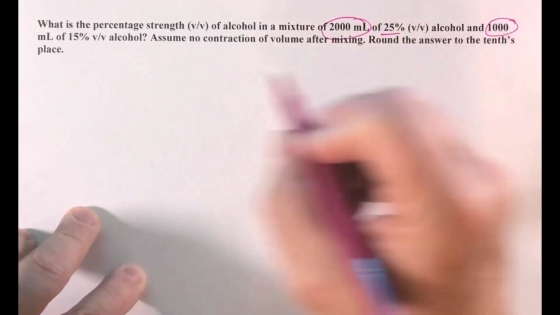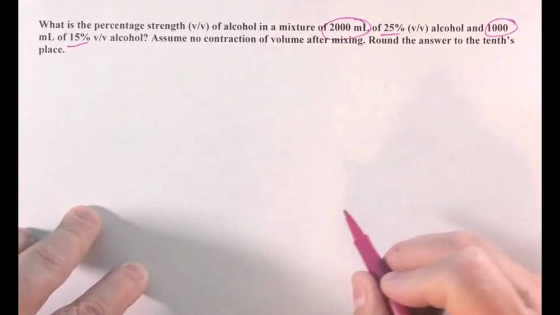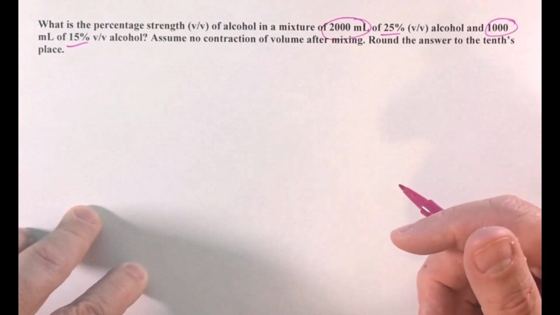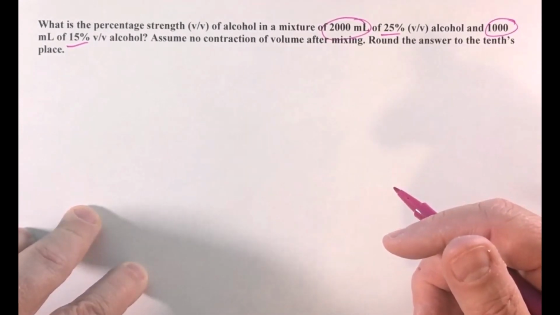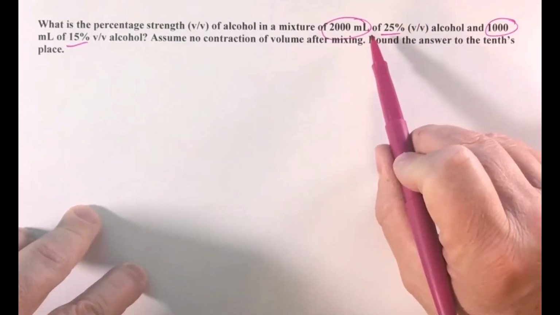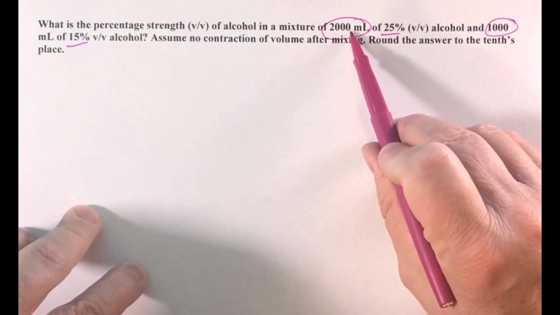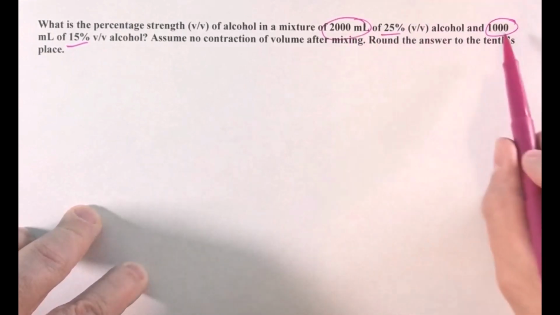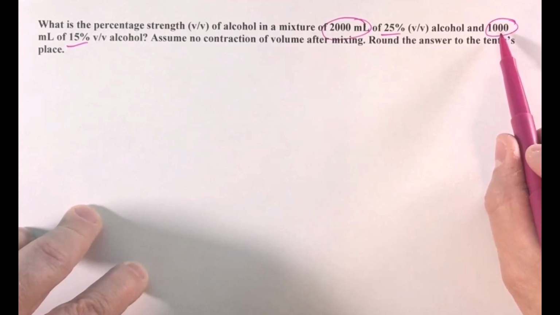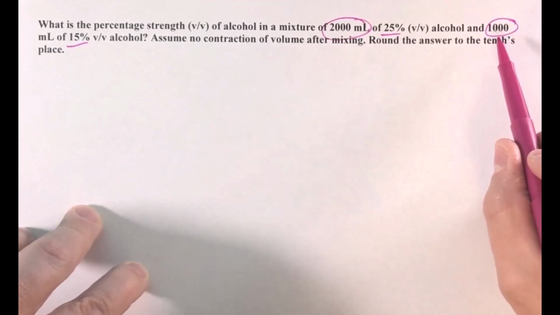We have the 1,000 milliliter solution with the 15% concentration of alcohol. And the two will be combined, and we need to determine the final percent concentration. We will need to determine how much alcohol is in the 2,000 milliliter solution and how much alcohol is in the 1,000 milliliter alcohol solution, and that'll help us determine the final concentration of the final mixture.